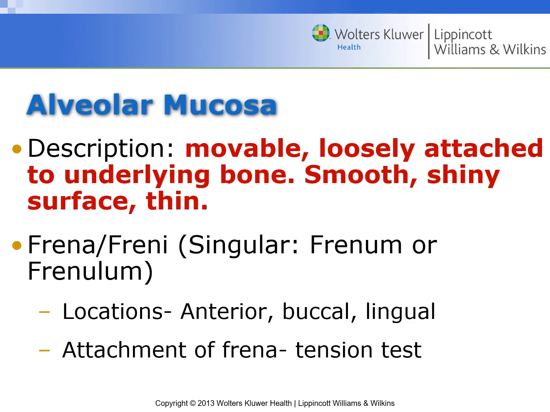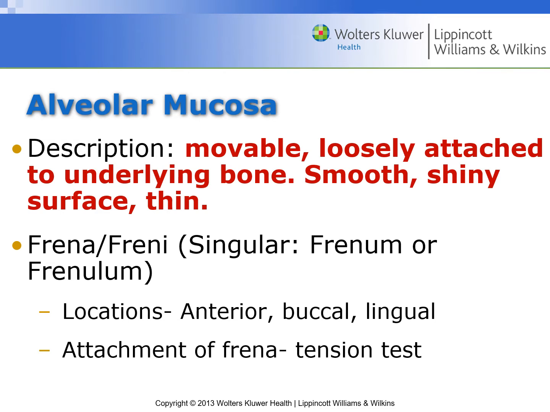So the alveolar mucosa is movable, loosely attached to underlying bone, with a smooth, shiny surface. It's very thin. Frena, freni, frenum, or frenulum, it all has to do with your frenum. If you're talking about a singular one, it's frenum or frenulum, and multiple are frena or freni.